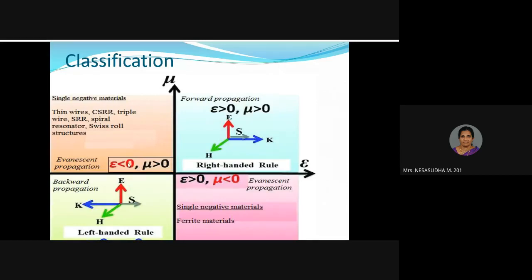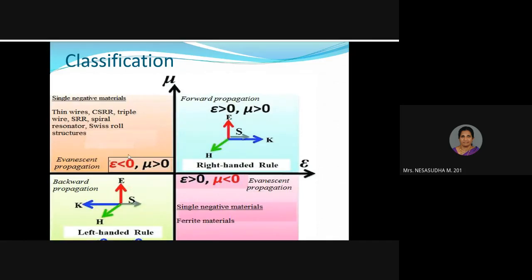One is negative, one is positive, so it is called a single negative material. Materials like thin wires, CRR, triple wire, spiral resonator, and Swiss roll structures fall under this category.